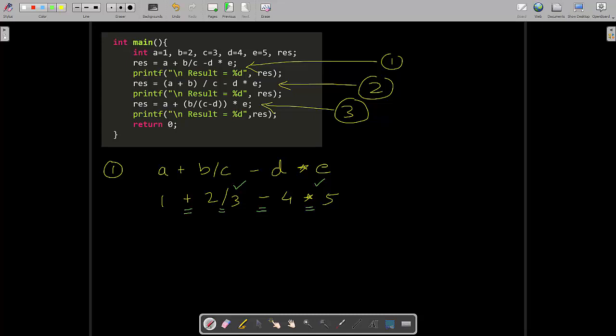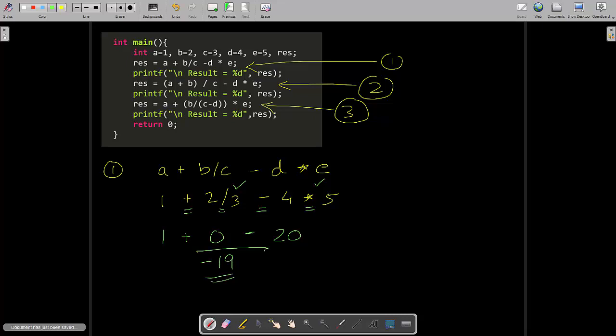Let's begin. This will be nothing but 1 plus, now 2 divided by 3 is going to be executed first. So 2 divided by 3 will give you 0, minus, now 4 into 5 is going to give you 20. Then 1 plus 0 minus 20 is nothing but minus 19.